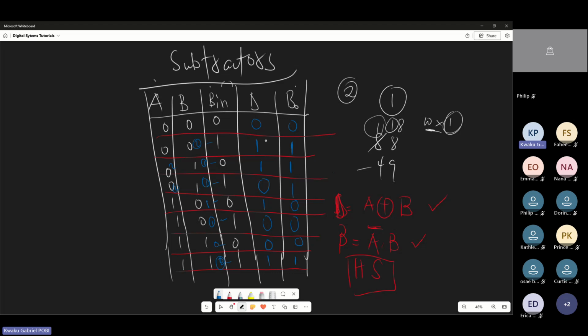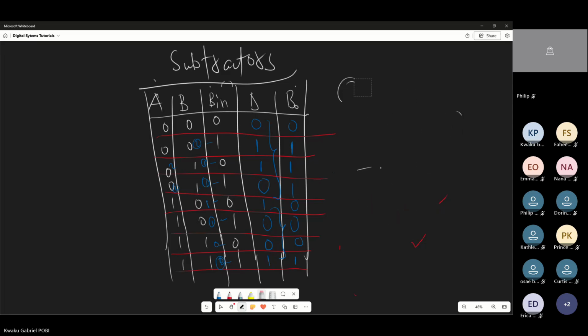Then you go and draw your K-map for it. That's all. So if you check the first 4 parts is this. And then the last 4 parts is also this. So if you check the first 4 parts, you have something like this. So the first 4 parts, let's say you draw the K-map for this subtractor.